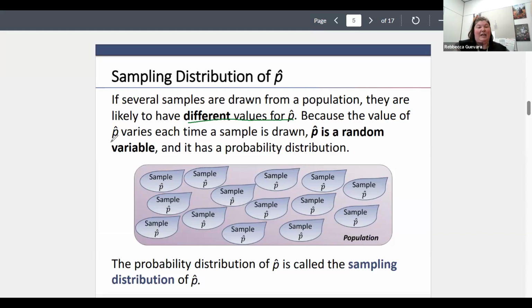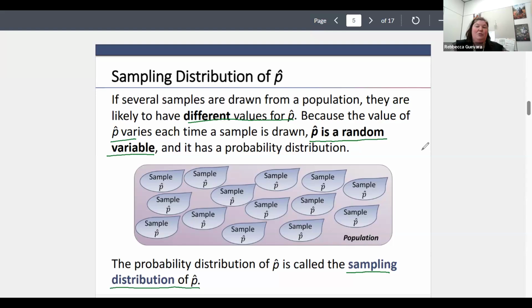Because the value of p hat varies, we can say that p hat is also a random variable, like we said x bar was, and it has a probability distribution. So here's a distribution of a bunch of p hats. The probability distribution of p hat would be called your sampling distribution of p hat.